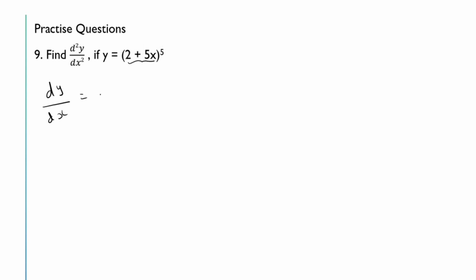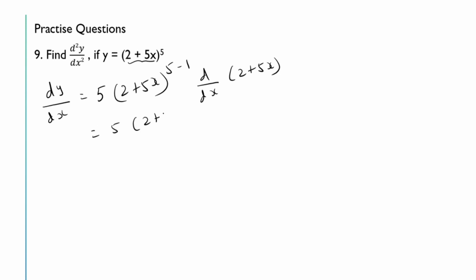So dy by dx is 5 into (2 plus 5x) raised to 5 minus 1 into d by dx of (2 plus 5x). So this is equal to 5 into (2 plus 5x) raised to 4 into, here d by dx of 2 plus 5x is 0 plus 5, so into 5. So this is equal to 25 into (2 plus 5x) raised to 4.